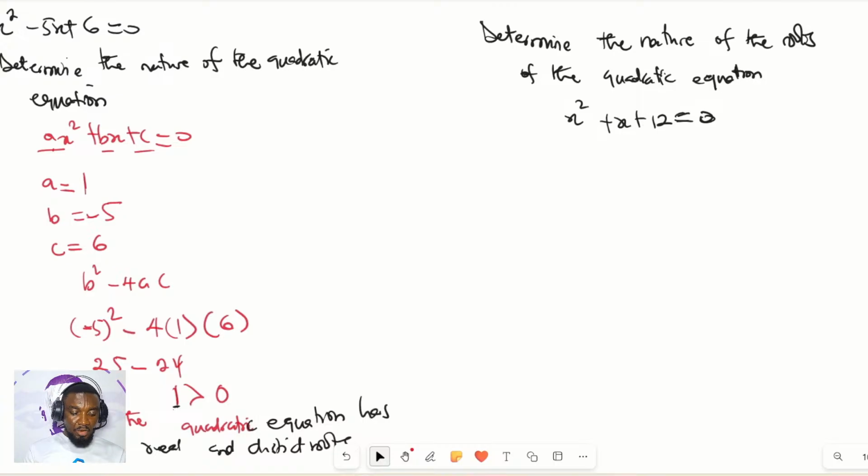So I'll give you about 2 minutes. Go through the process and determine the nature, and write your solution in the comment section. Let's see the nature of the quadratic equation when we consider b squared minus 4ac.